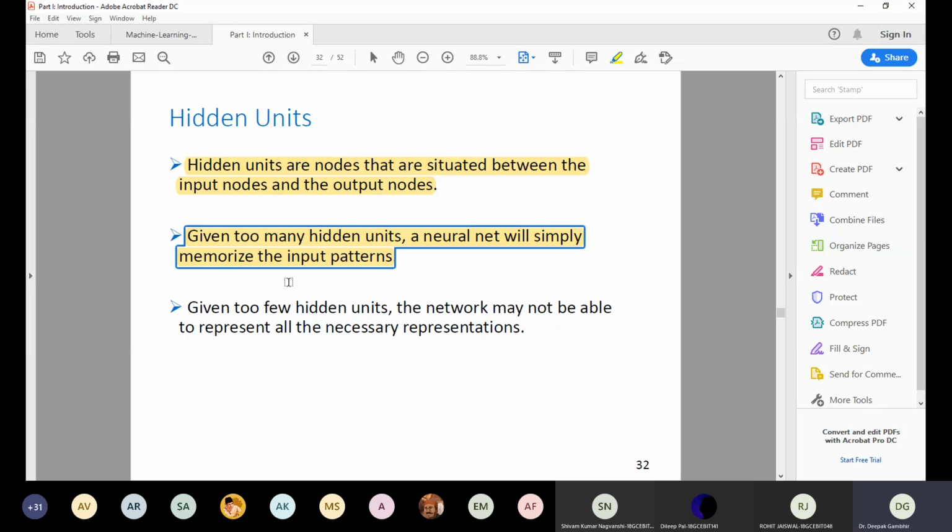If you provide very few hidden units, the network may not be able to represent all the necessary representations. So the hidden units need to be defined in an appropriate way, because a large number will memorize the input pattern and too few will not be able to provide the necessary representation.